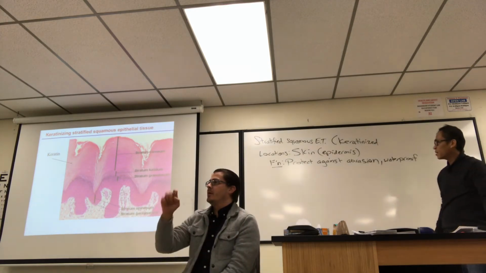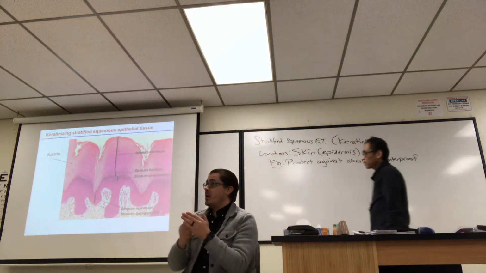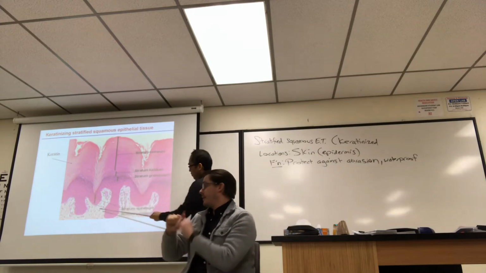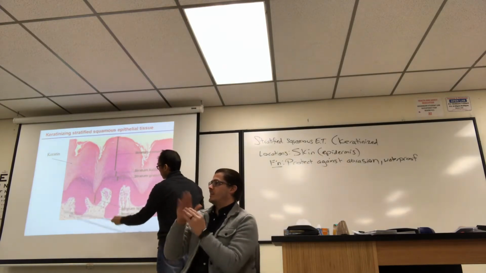Epidermis is a word that means on top of the dermis. So on the bottom of the slide, you can see a different kind of tissue here. That would be the top part of the dermis. Okay.